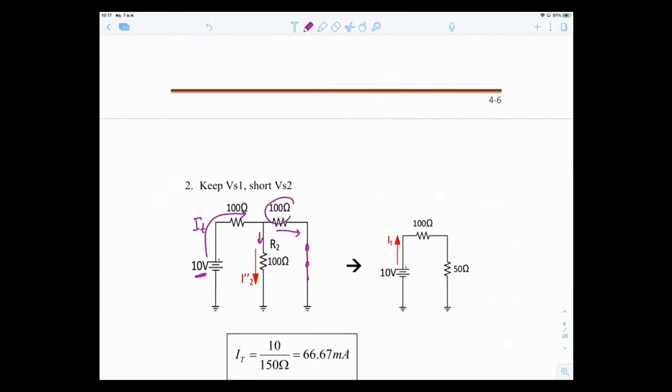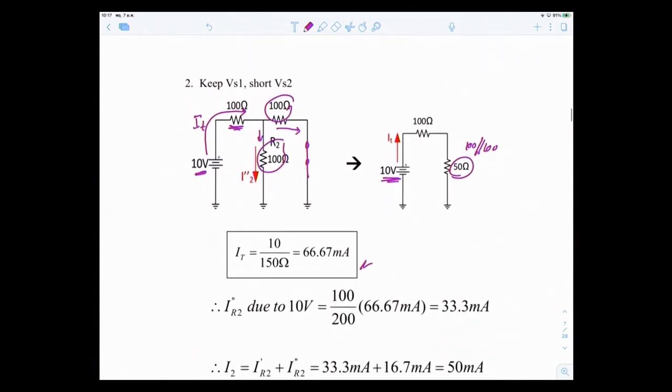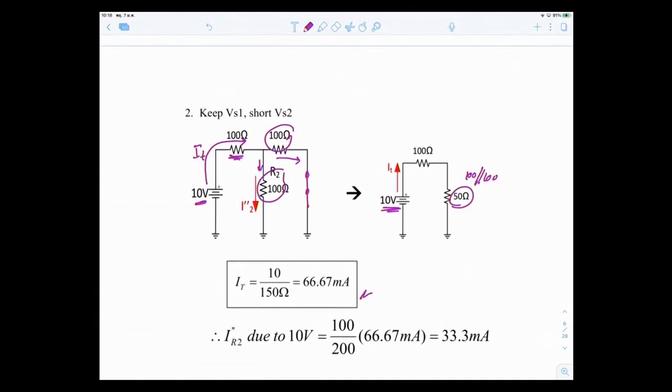So I total is now from 10 volt. These two are in parallel now, so you get 50, this 100 parallel with 100, and then in series with this 100 ohm. So your I total is 10 volt over 150, and you get this answer. This is your I total. Then I total splits into I2 double prime, which is the same thing as above.